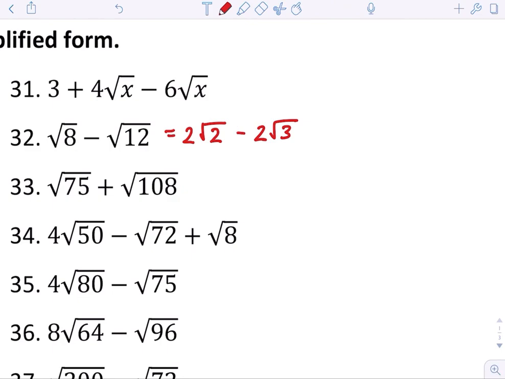Radical 2 and radical 3, they have the same root, but they don't have the same radicand. So this is your guys' final answer. Can't simplify anymore.